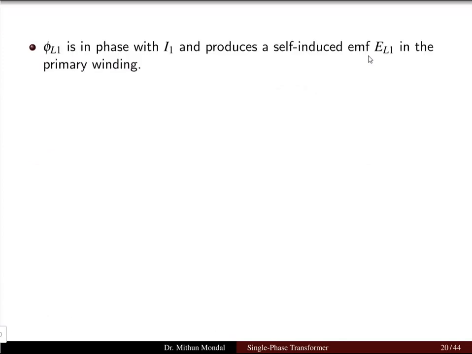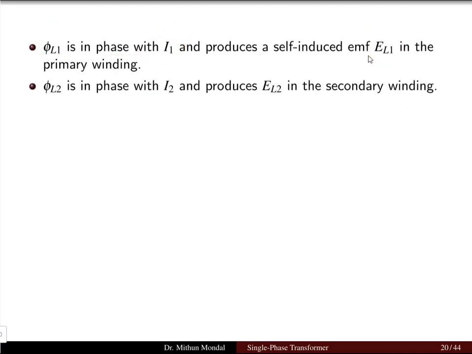Now, since the leakage flux is in phase with the current of the primary winding, it produces a self-induced EMF EL1 in the primary winding from Faraday's law. Also, the leakage flux in the secondary winding due to the secondary current will produce self-induced EMF in the secondary winding EL2.